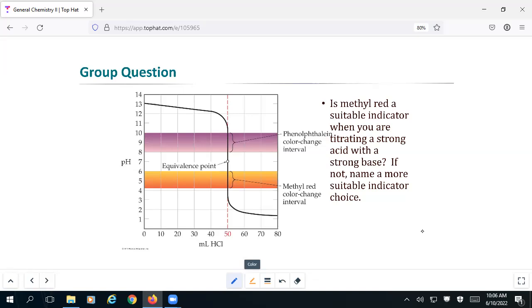All right, so I've got a question for you. This isn't a top hat question. We're just going to discuss it together. If I'm looking at methyl red, is methyl red a suitable indicator for this strong acid into strong base titration?